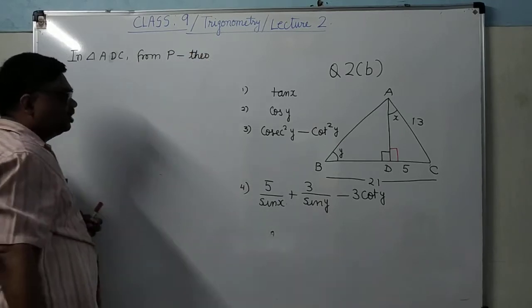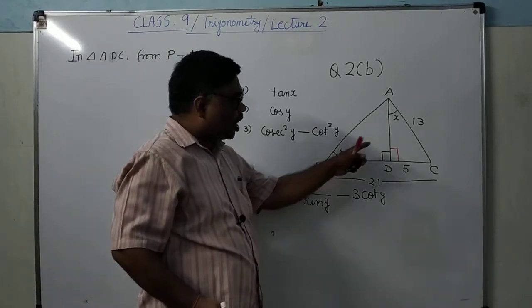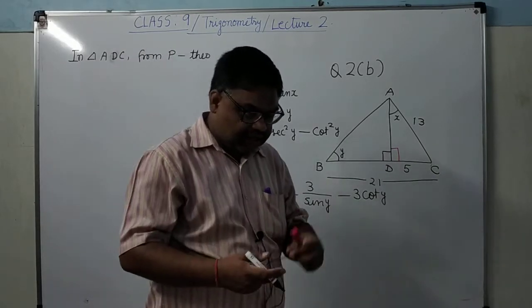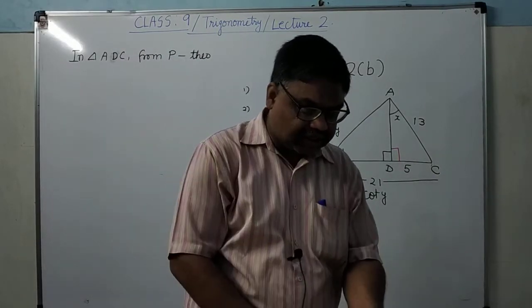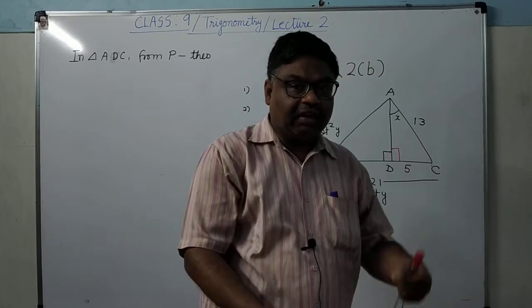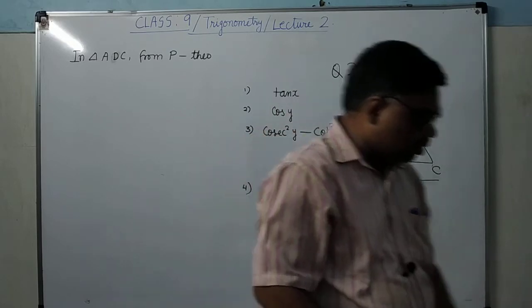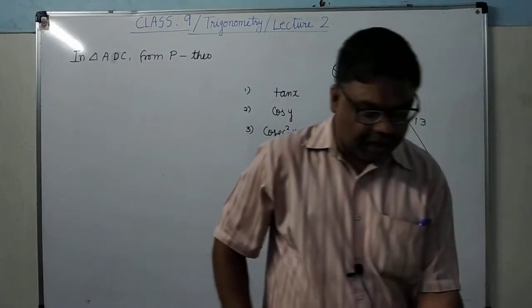Pythagoras theorem says that the sum of the squares of the sides containing the right angle will be equal to the square of the hypotenuse.